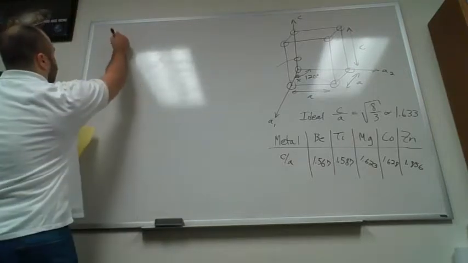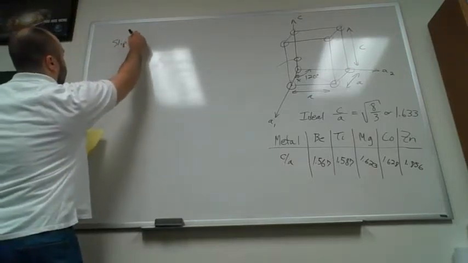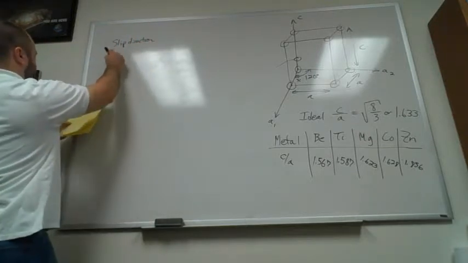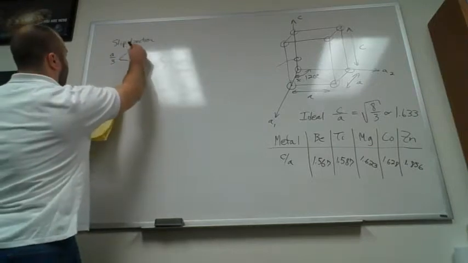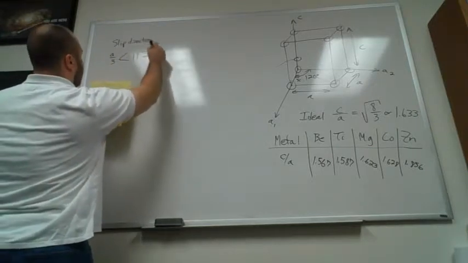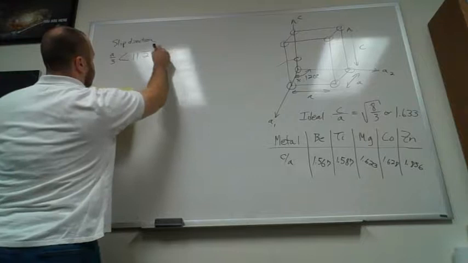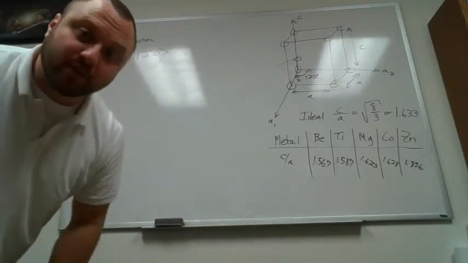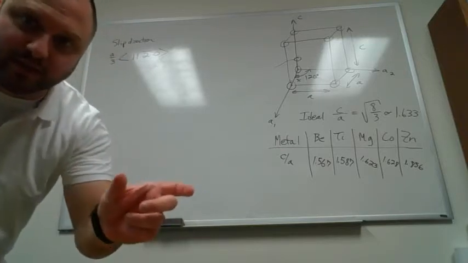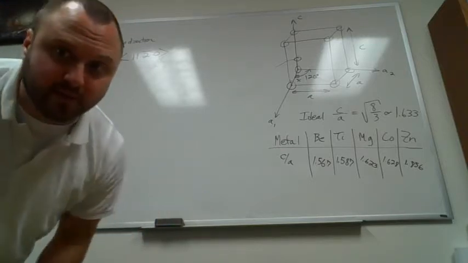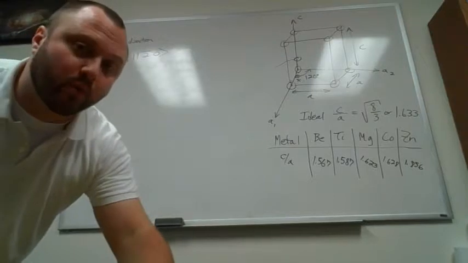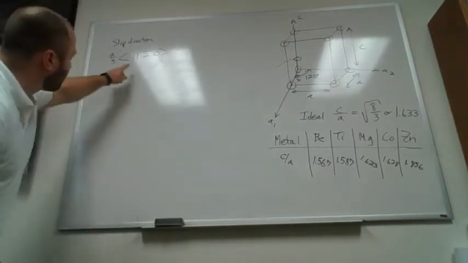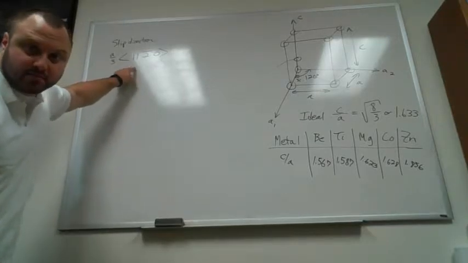So that slip direction is going to be A over 3, 1, 1, 2 bar, 0, okay? It looks very scary, but if you put those vectors on that little hexagonal drawing we had before, what you'll find is we're just pointing from one atom to another, and we're just doing it in a slightly complicated way to match our Bravais-Miller indices, okay?